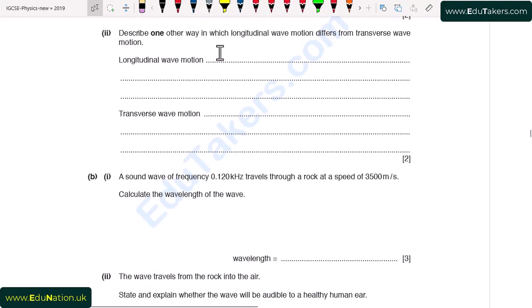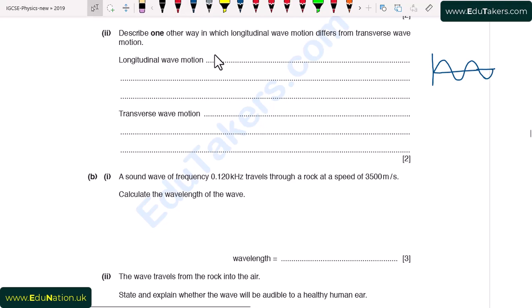Part 2. Describe one other way in which longitudinal wave motion differs from transverse wave motion. So in the longitudinal wave, vibration of the particles is parallel to the direction of wave motion. If I consider that it's a string and one end of this string is attached while the other is free to move.